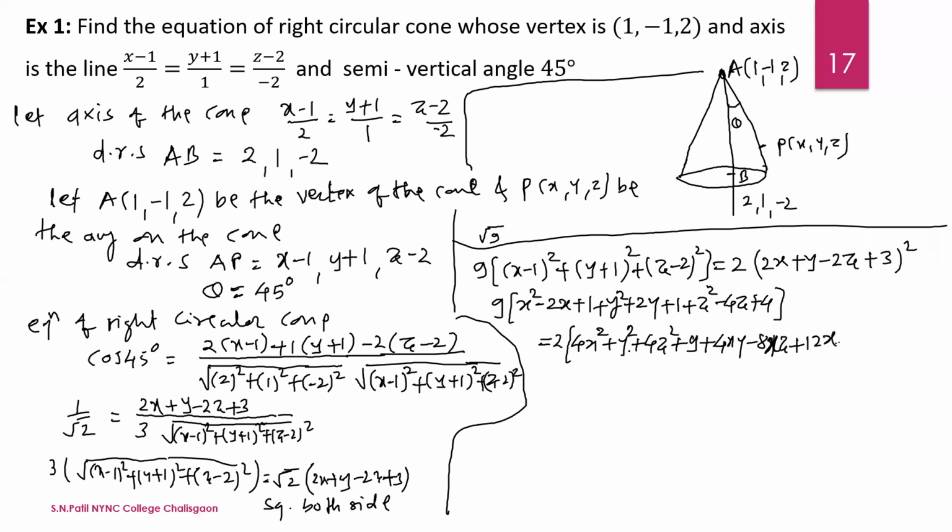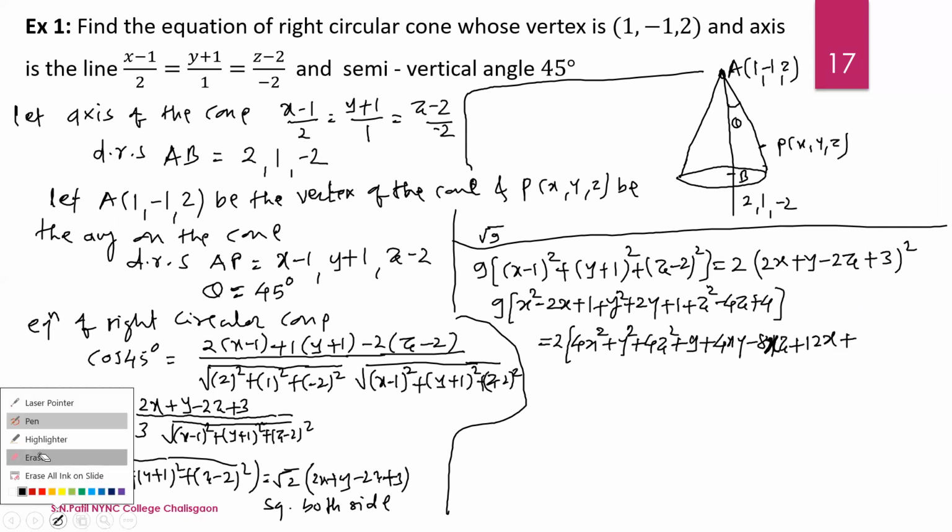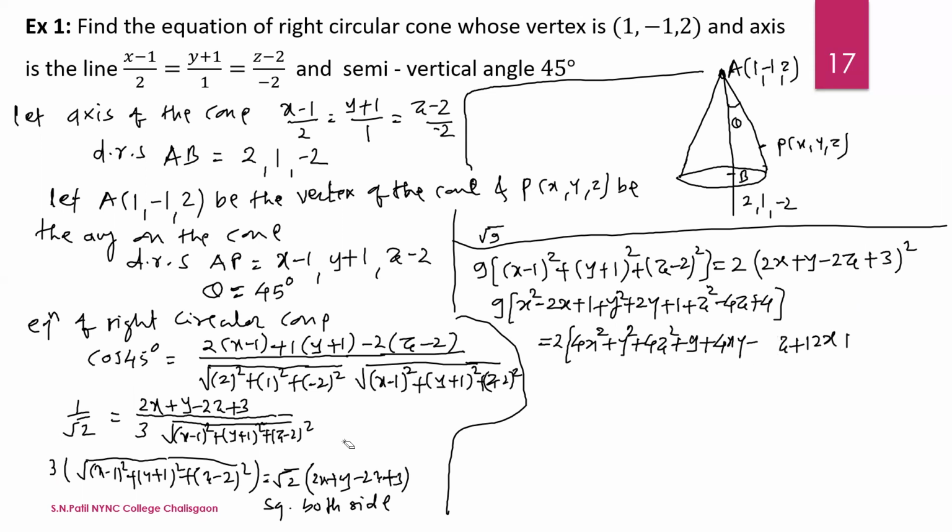Now plus 2 times bc, that is minus 4yz, and here 2 times 3 into 2, 6y.